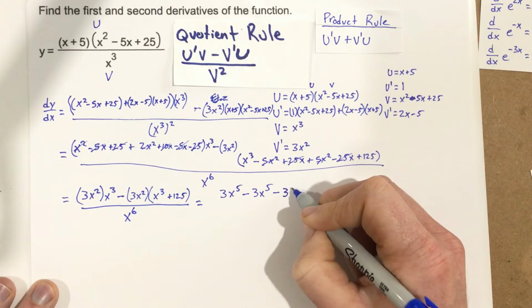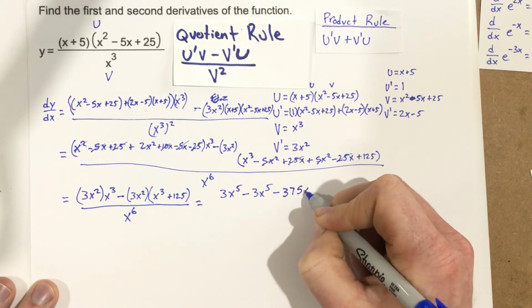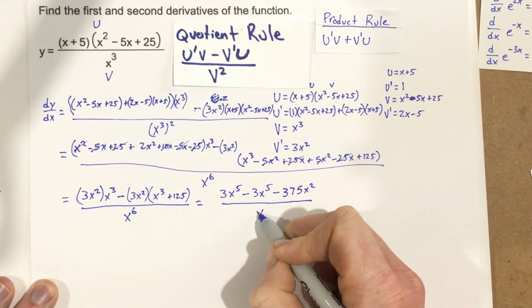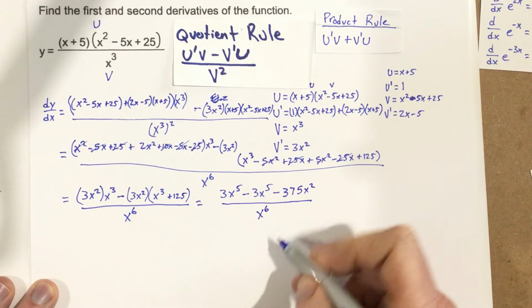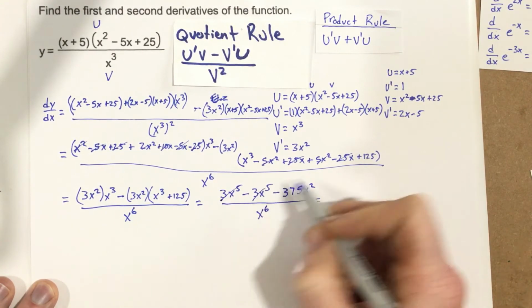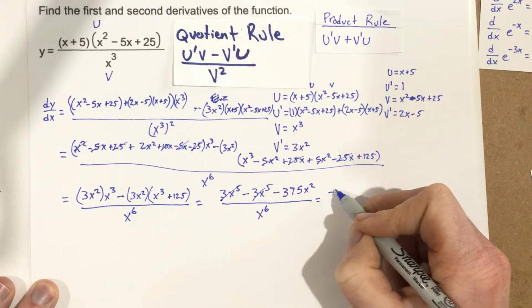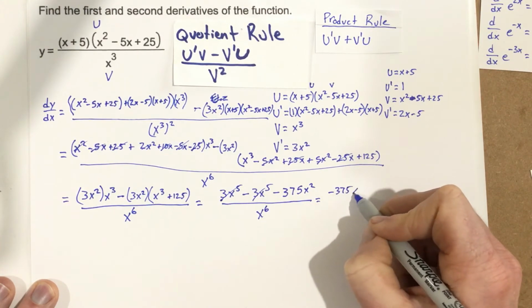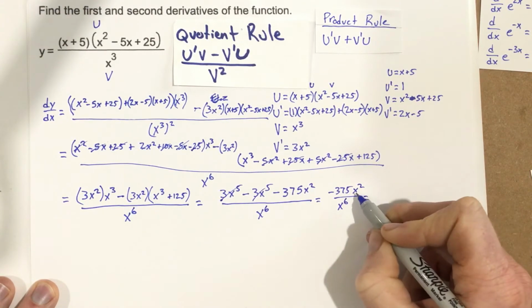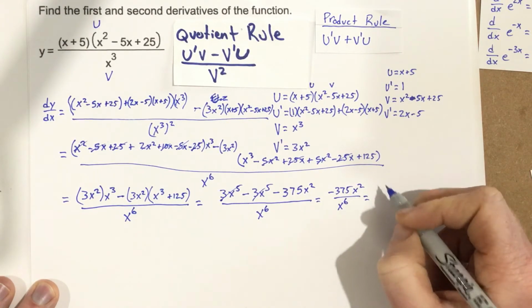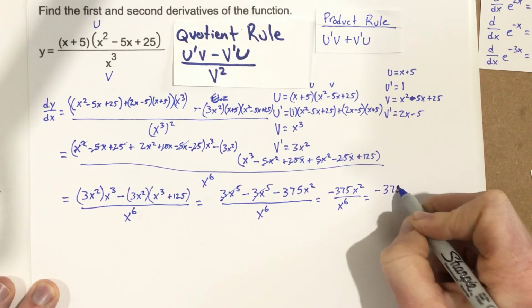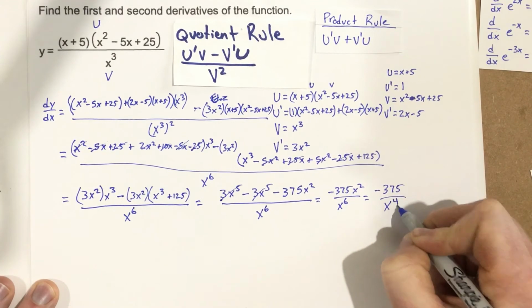Negative 375 x squared all over x to the 6th, which when we subtract these out, we get negative 375 x squared over x to the 6th. Cancel the x squared with the x to the 6th, and we end up with negative 375 over x to the 4th.